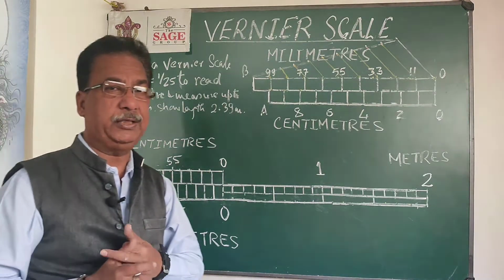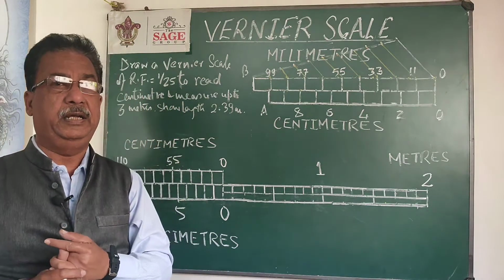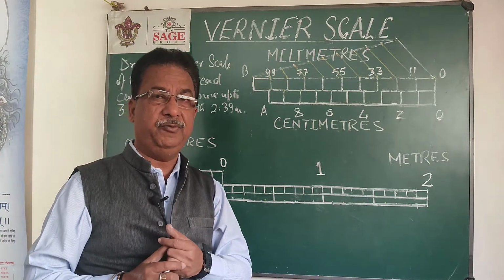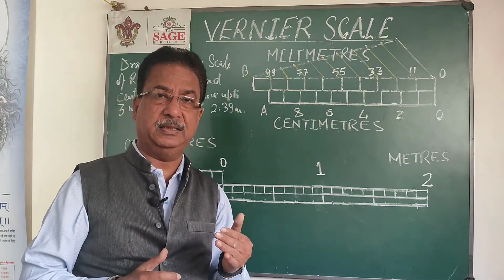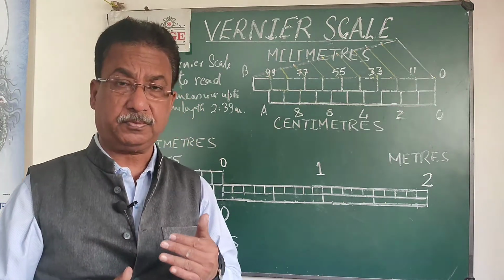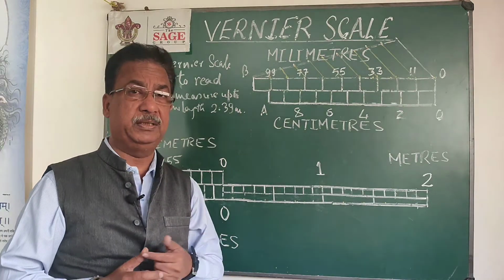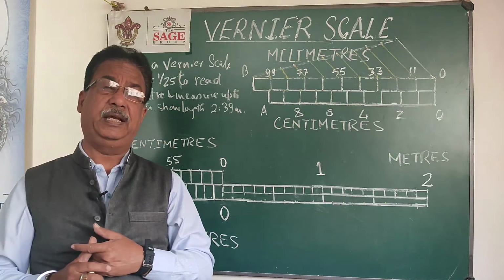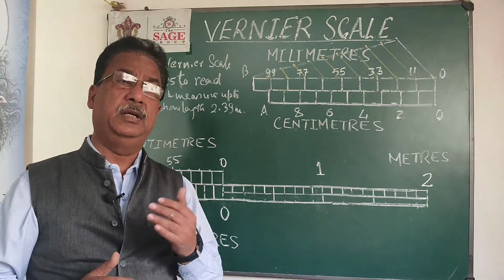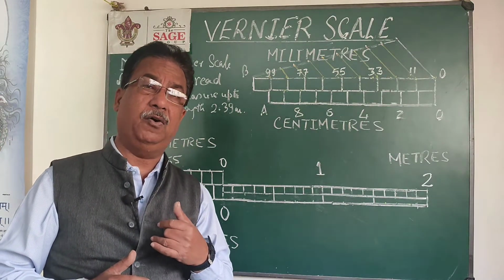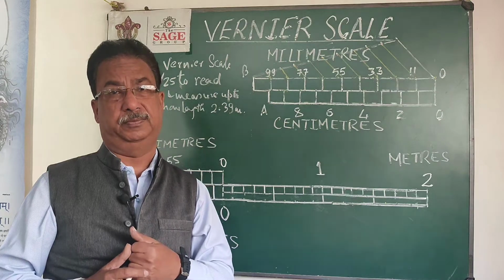So what we will do in the vernier scale: again there will be a primary scale, like a plain scale, divided into subdivisions. But this time, instead of a plain scale in which we divide only the first part into subparts, in the vernier scale we will divide all the parts into subparts.